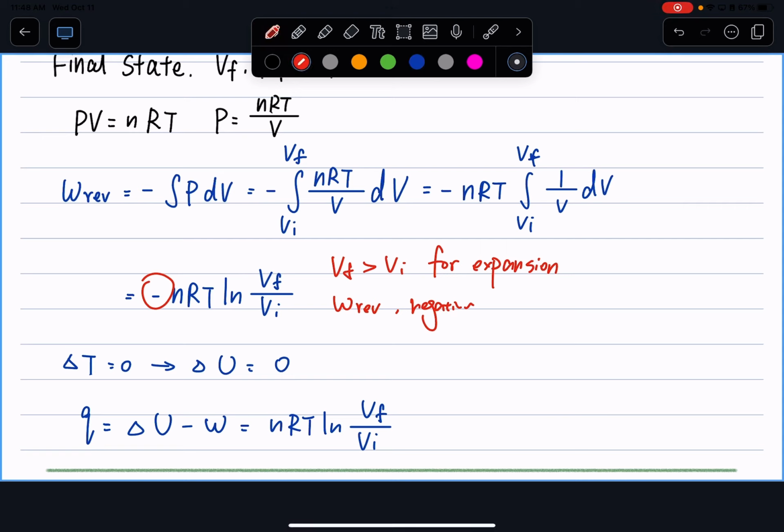Or the other way to put it is your Q is a positive number for this expansion. Or the other way to think about it is, for this isothermal expansion, even if your temperature is not changing, the heat flow is not 0. Heat and temperature are deeply related, but when there is no temperature change, it doesn't necessarily mean your heat will remain the same.